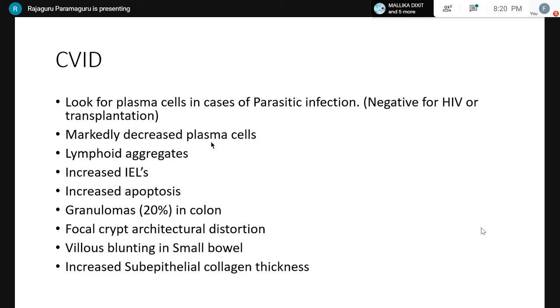They may not be producing immunoglobulins, but the plasma cells might be normally present. So you can advise your clinicians for that.